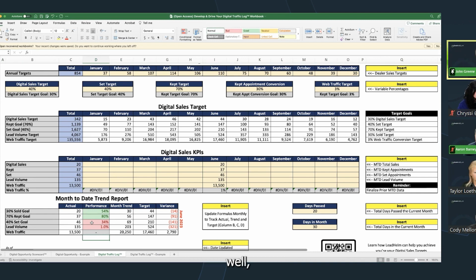Right? Because my sold goal is high right there, 54%, but my variance column to the far right shows me at this pace, at this trend, the digital department in that dealership is going to be 14 units shy of its goal. It's on pace to sell 30, needs to sell 44. What's happening?